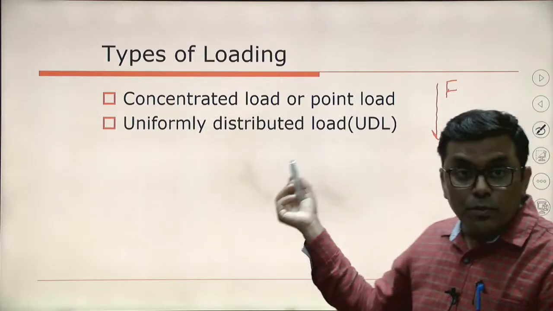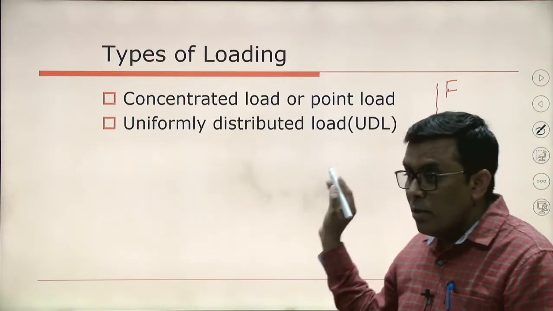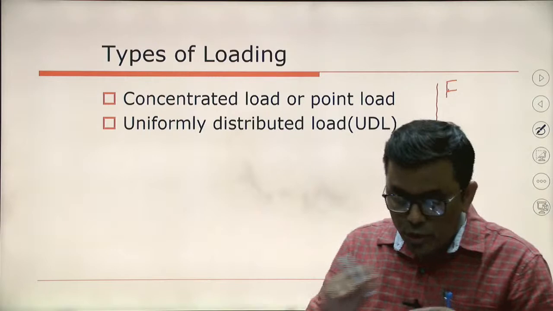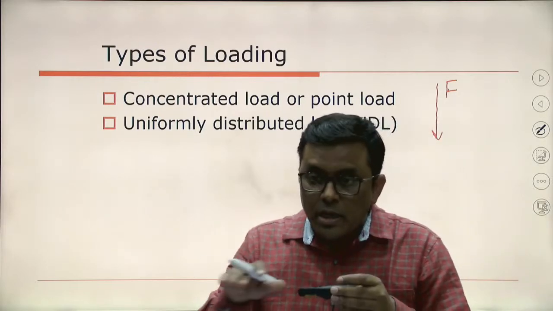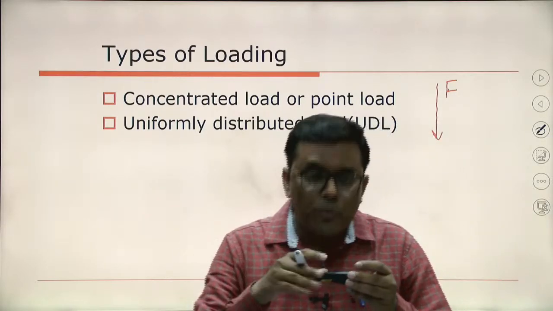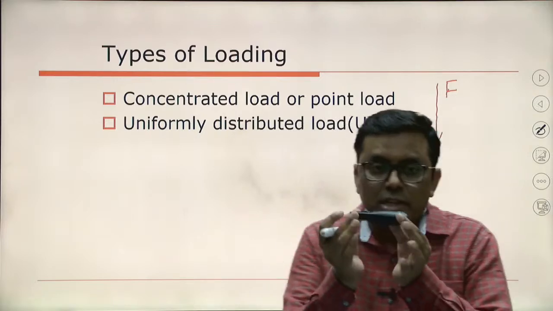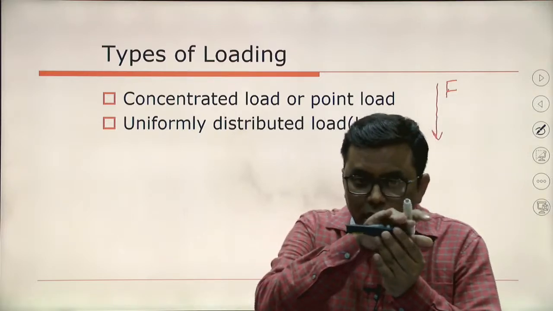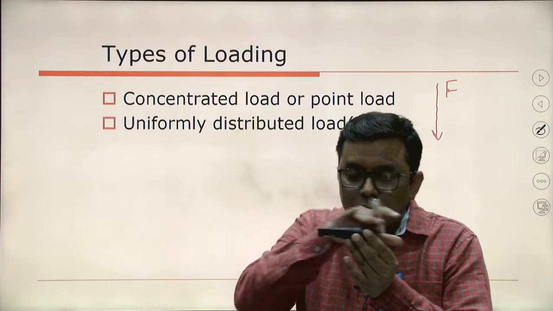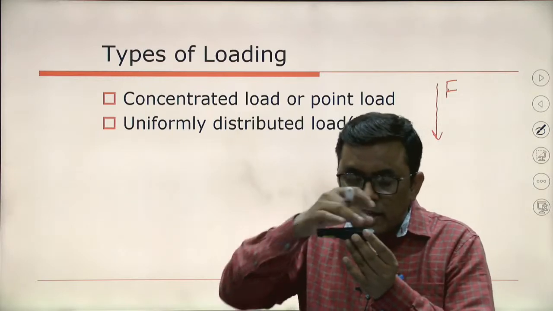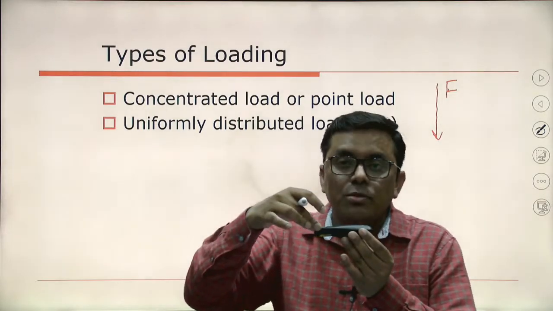It can be a uniformly distributed load. Uniformly distributed load means the load is distributed over a certain length uniformly. If I am considering this as a beam, and a layer of cement concrete is there, then the load is uniformly distributed here.